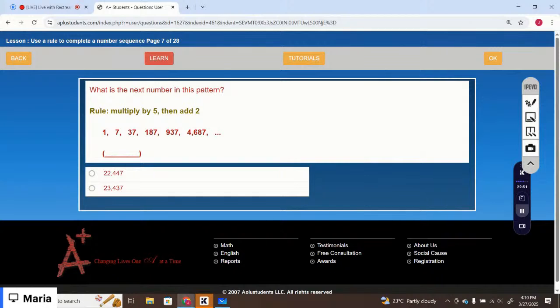What is the next number in the sequence? Multiply by 5 and then add 2.